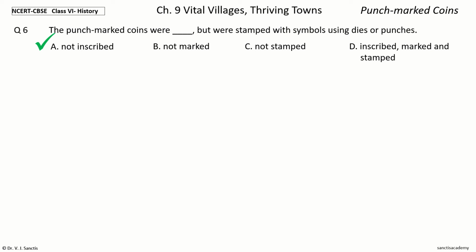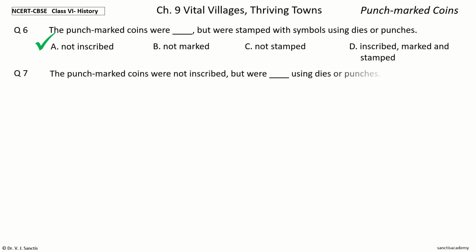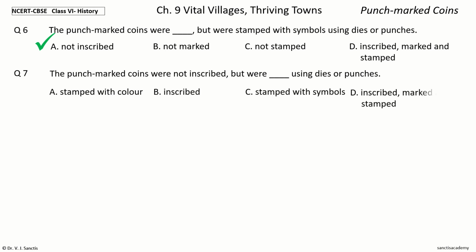Question 7. The punch-marked coins were not inscribed but were dash using dies or punches. The options are stamped with color, inscribed, stamped with symbols, inscribed, marked, and stamped.